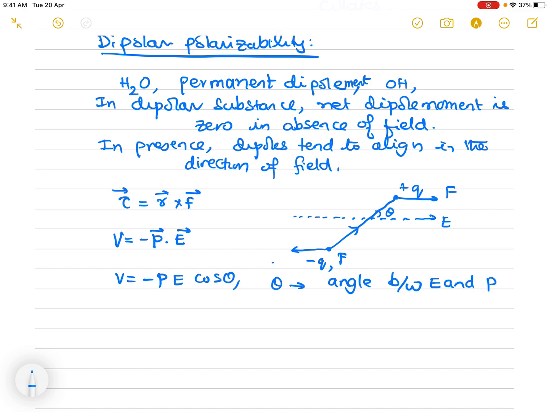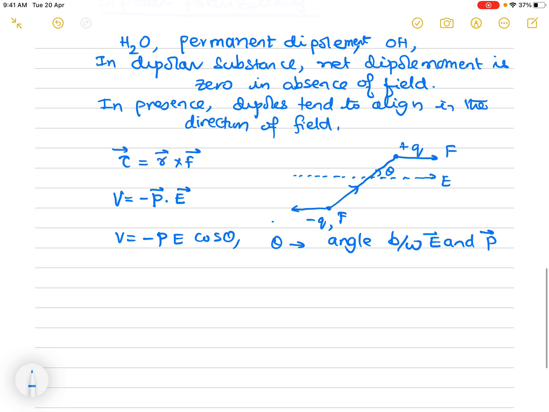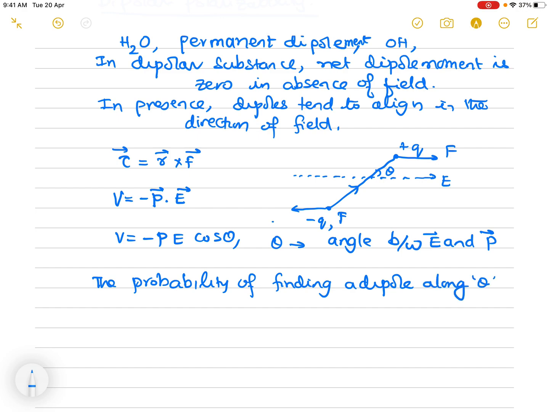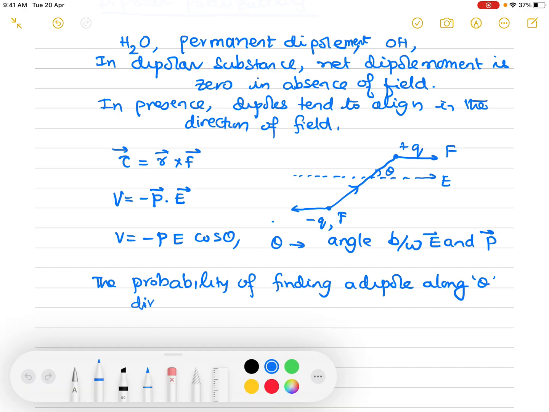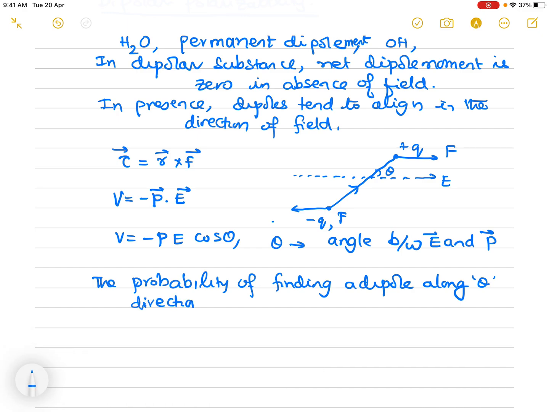The probability of finding a dipole along a theta direction follows a distribution: f of theta is equal to exponential of minus V by kT.